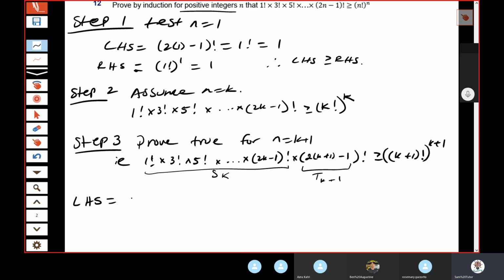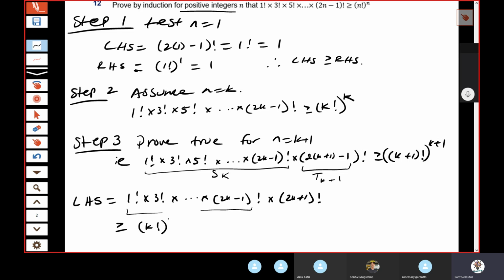So I'm just going to be a bit slower. 1 factorial times 3 factorial times up to 2k minus 1 factorial, all of that, times 2k plus 2 minus 1, 2k plus 1 factorial. This bit here is greater than or equal to that, so this is bigger than or equal to k factorial to the power of k times 2k plus 1 factorial.